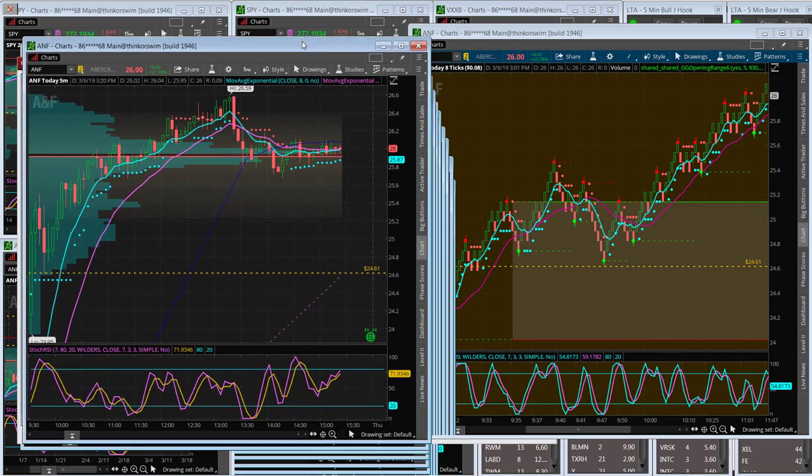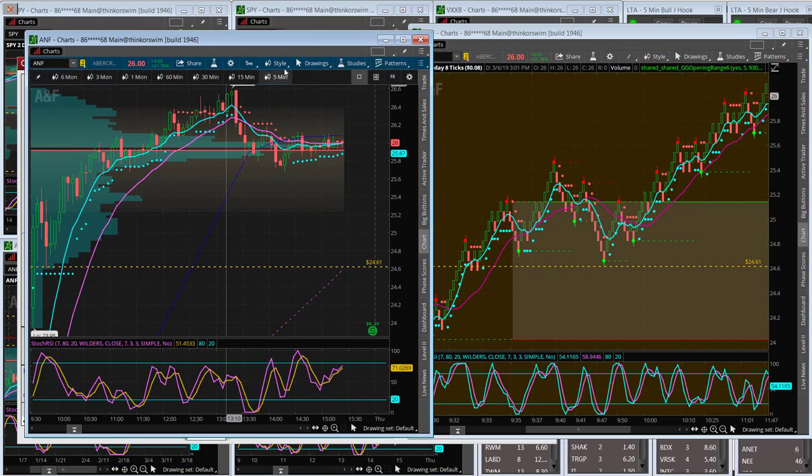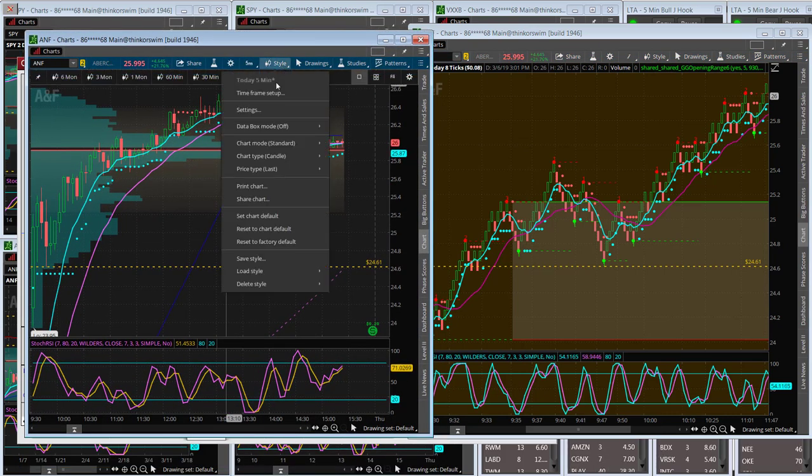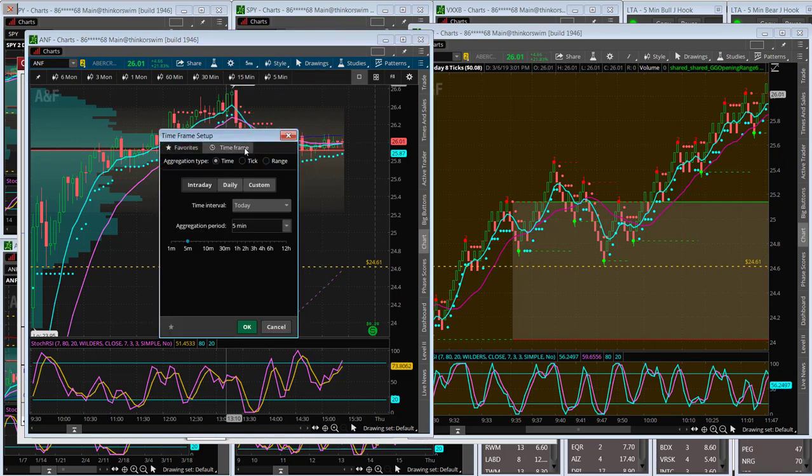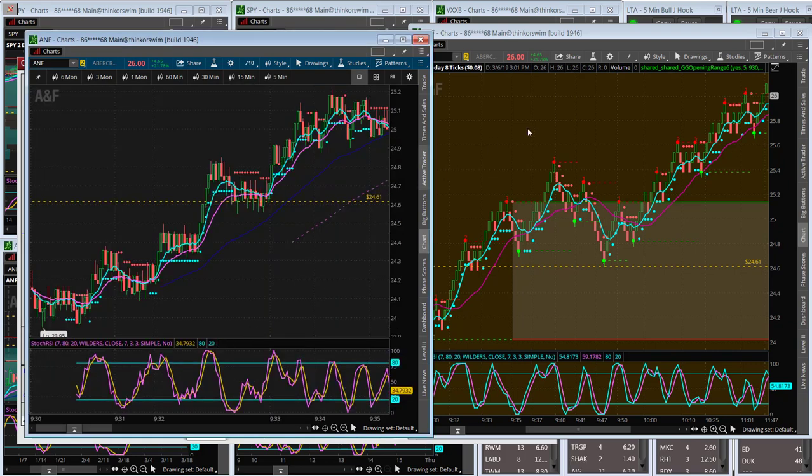Let's try this from scratch. I'm on a 5-minute chart. I want to go to Style, Time Frame Setup, Time Frame, Range. Let's do today. Let's do 10. Okay. It's the same as setting it up. Now, why is this different than this over here?